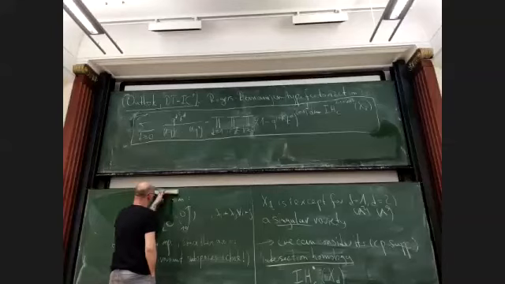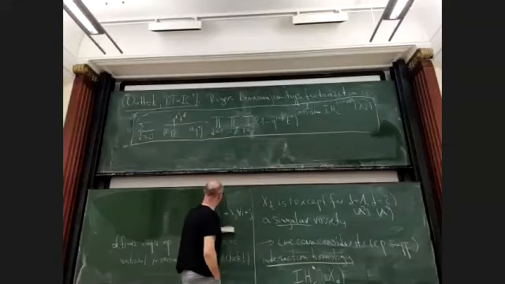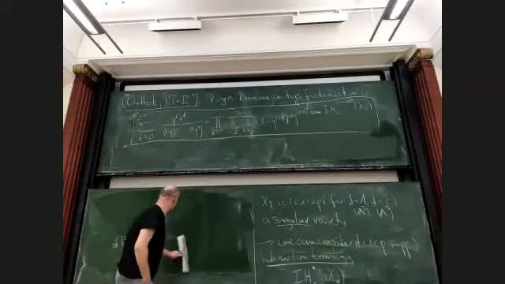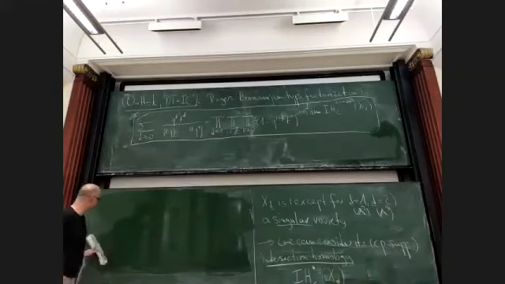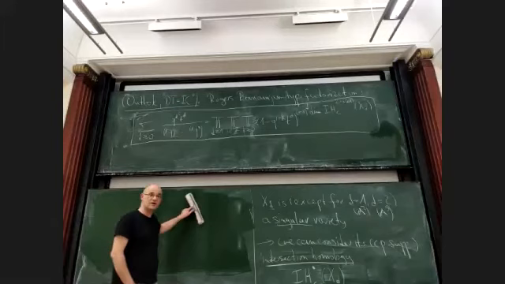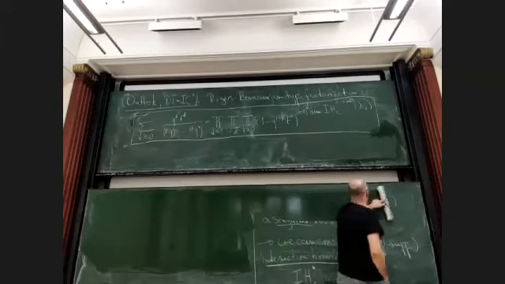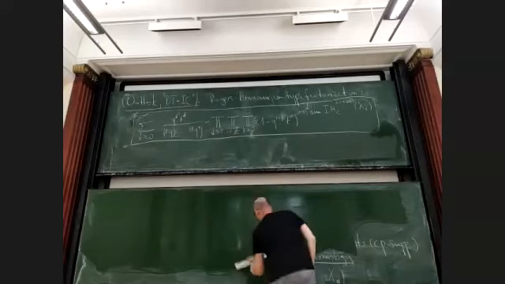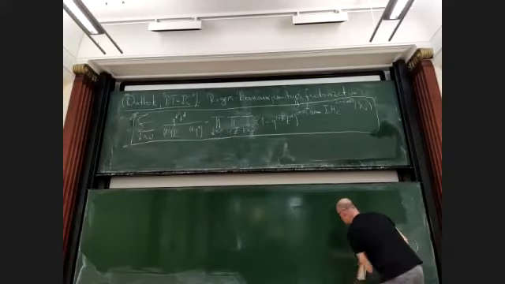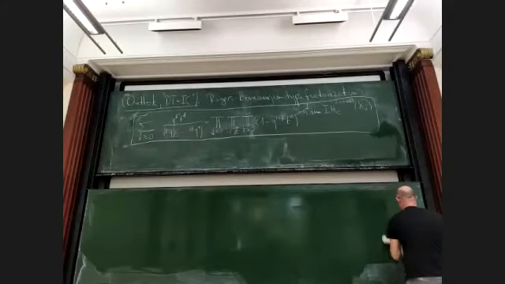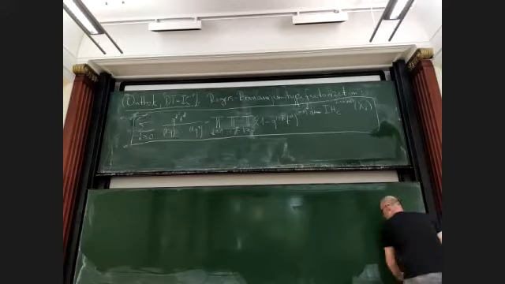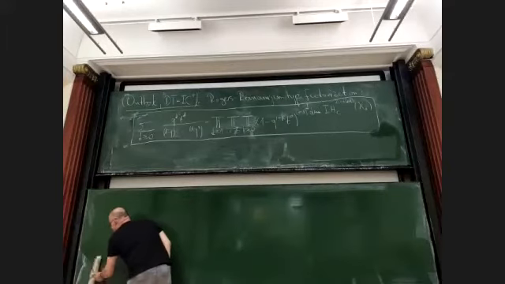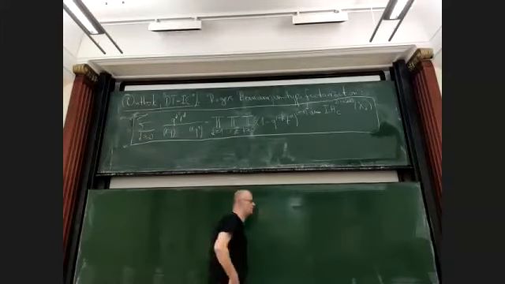Because for acyclic quivers, for any fixed dimension vector, we only have one closed orbit. So the moduli spaces of semi-simples for an acyclic quiver reduce to single points, which is definitely not what we want.